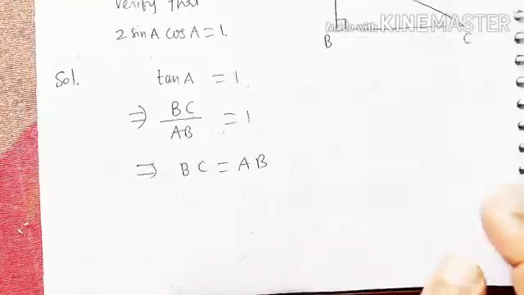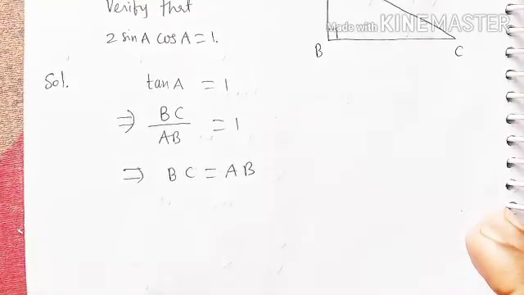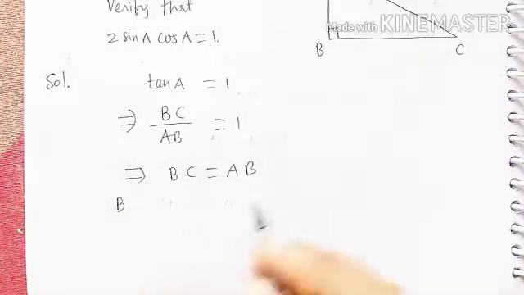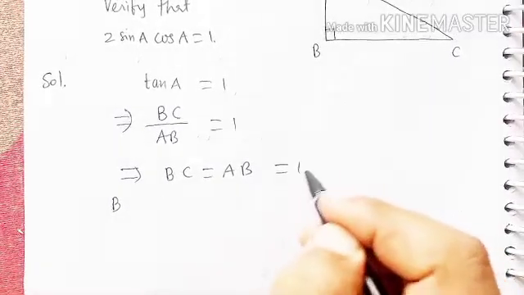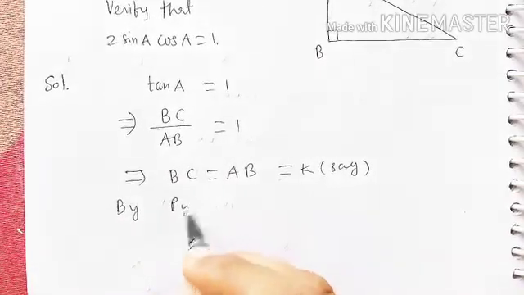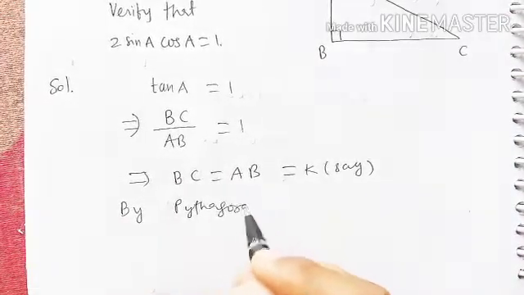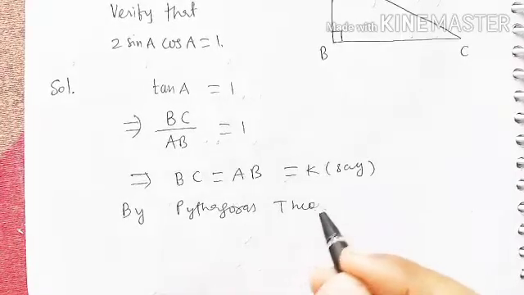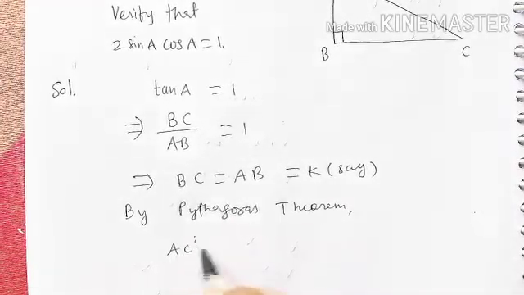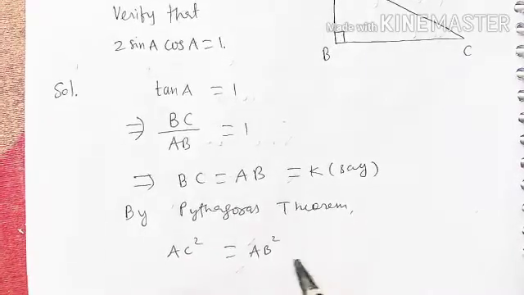Now we have to find AC for finding sin A. Let us suppose AB as K. By Pythagoras theorem, AC square is equal to AB square plus BC square.